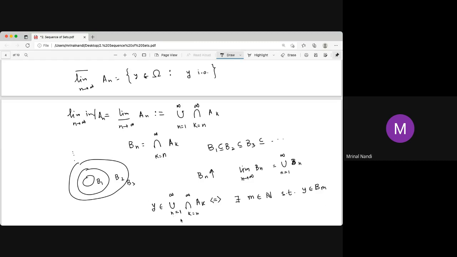So it is a union of n equal to 1 to infinity of B_n. If some element belongs to the union of all these B_1, B_2, dot, dot, dot, that means y belongs to some B_m.